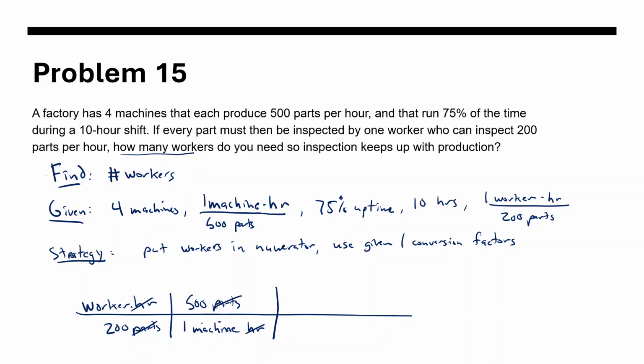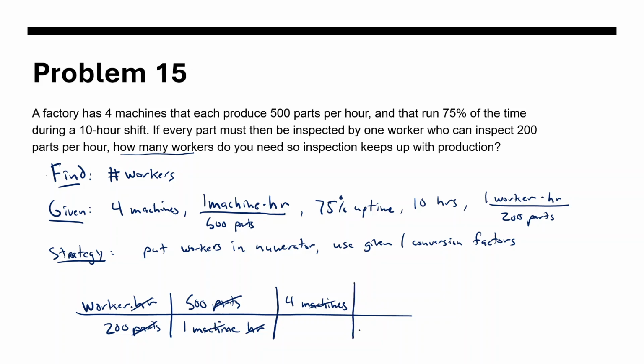But now this is a ratio of workers to machines. What I want is just number of workers. So I need to get rid of the number of machines. So we have 4 machines. So that gets rid of machines. However, we know that in a 10-hour shift, these machines do not run all the time. So if our workers are also working a 10-hour shift, the machines are only going to be up 75% of the time.